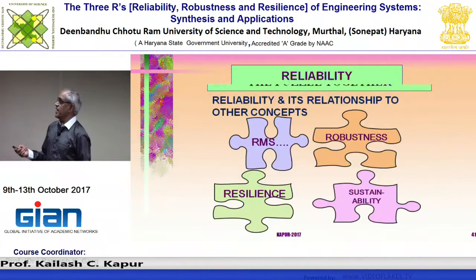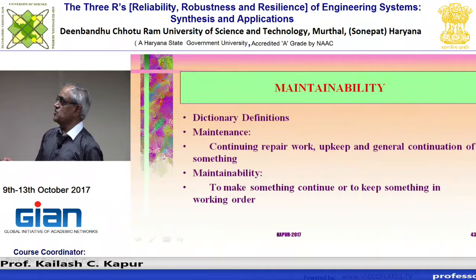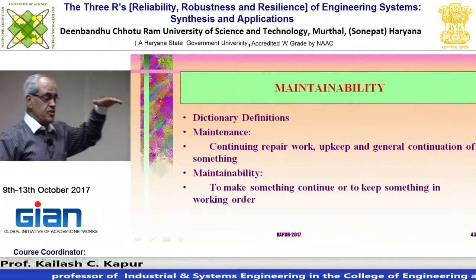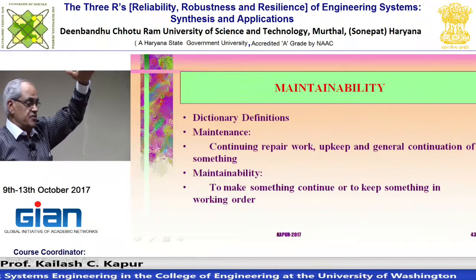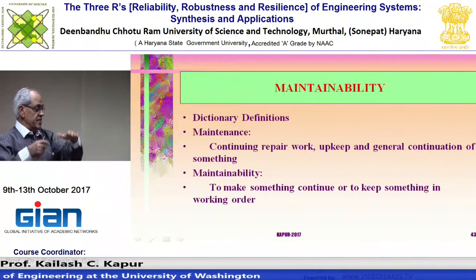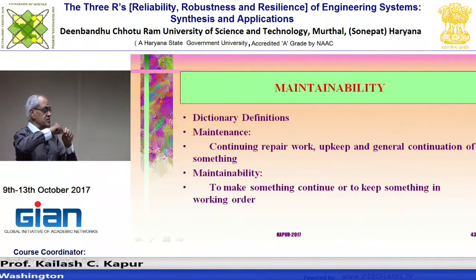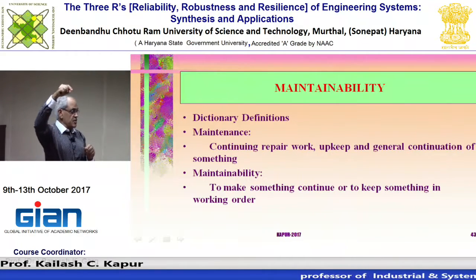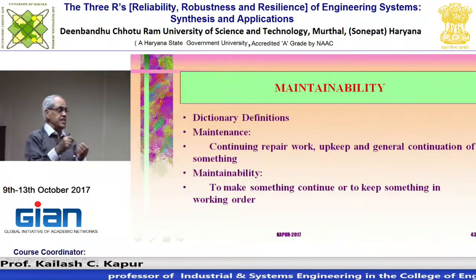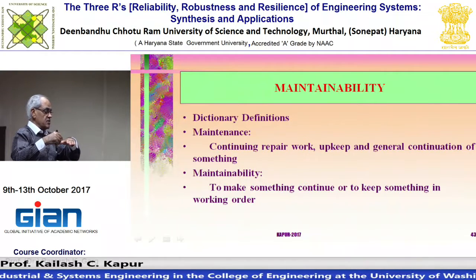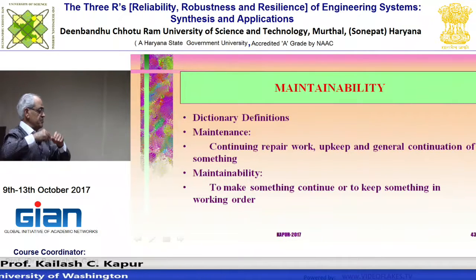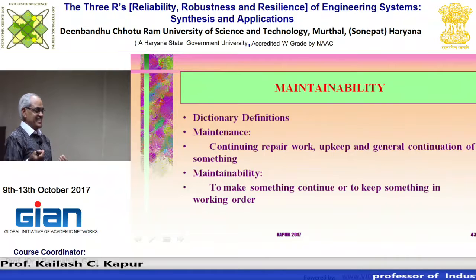I think let's go back. The same idea is true with maintainability. Reliability deals with how long something works, and if something doesn't work, then it fails. Maintainability deals with how long it will take to restore it. Maintainability in an engineering sense is, at a low level, very similar to resilience. If something is very hard to fix, of course it is not resilient.